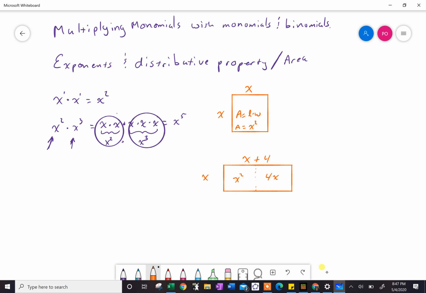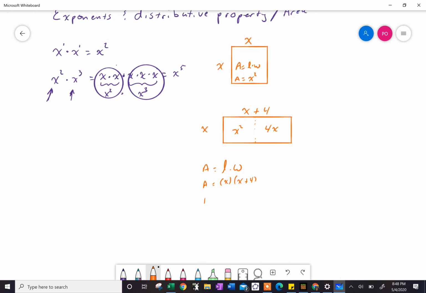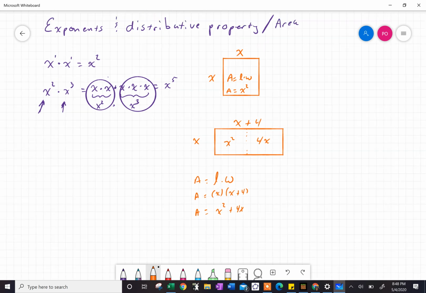It's 4x. So, the area, which is really my length times width, so I'm going to call my length x, which I know isn't popular with the kids these days, is really x squared plus 4x. And that's all there is to it.